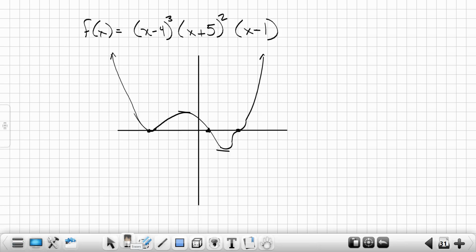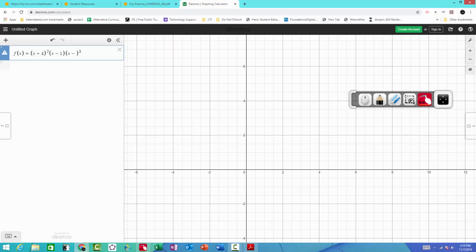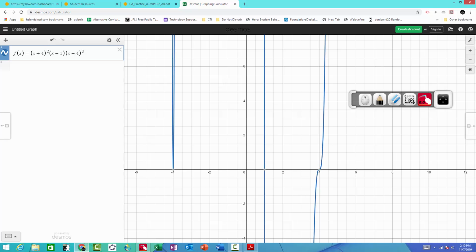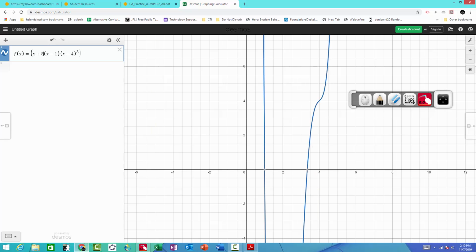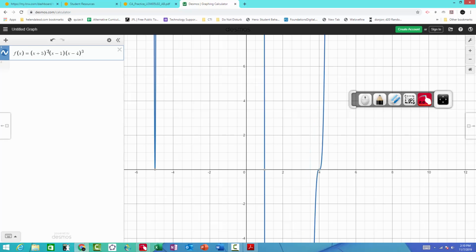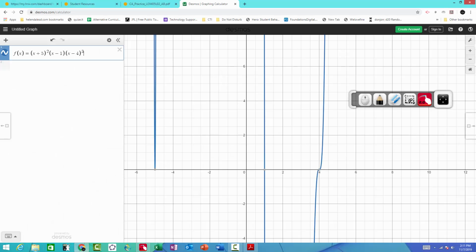Oh, minus 4 cubed, plus 5 squared, minus 1. Order doesn't matter. There we go. Yep, minus 4 cubed plus 5 squared minus 1.